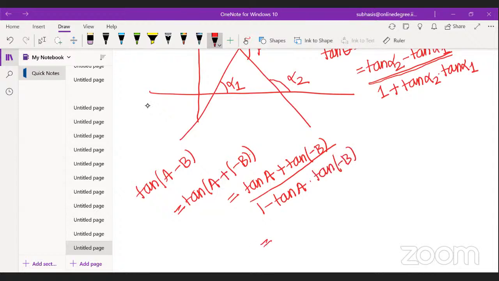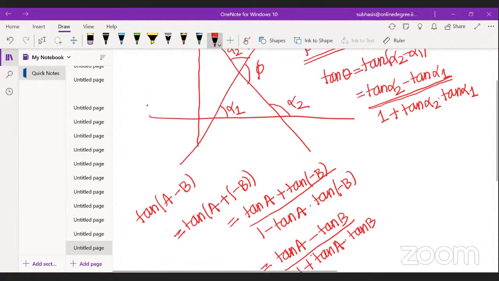And tan of minus B is minus of tan B, so you can write it that way.